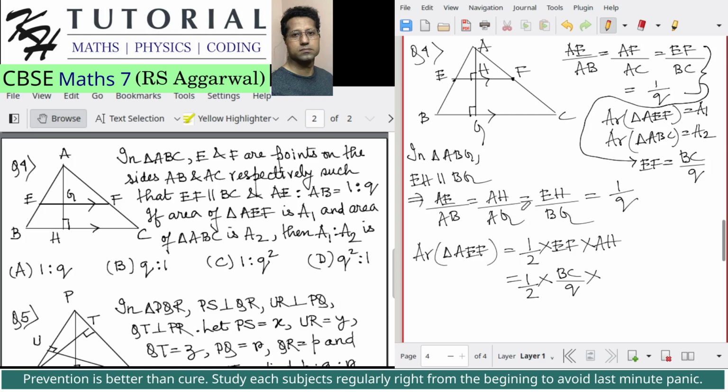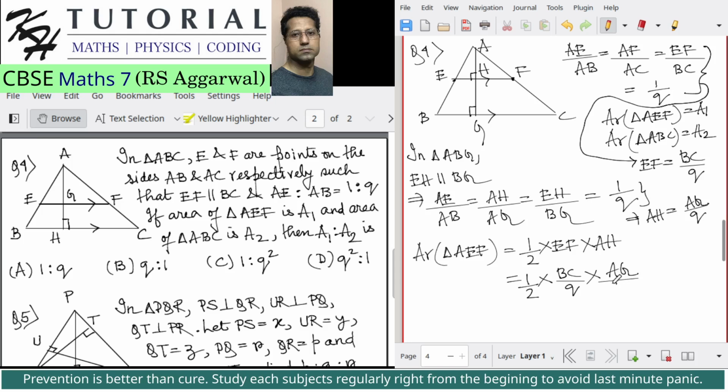AH by AG we know is equal to 1 by Q. So from this we can say that AH is equal to AG by Q. So now the area of triangle AEF becomes half into BC by Q multiplied by AH, and AH is nothing but AG by Q.